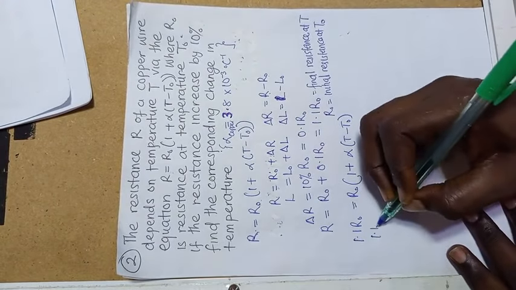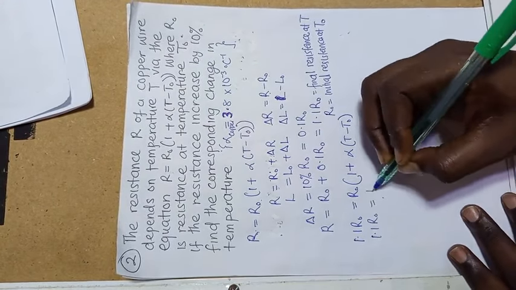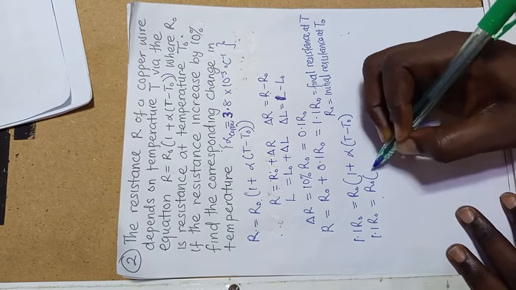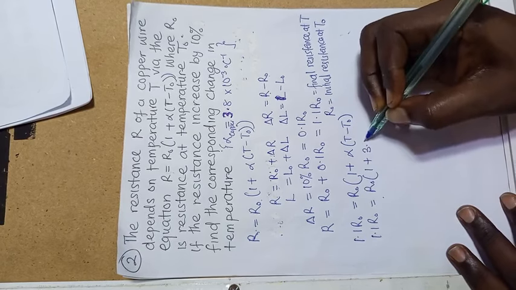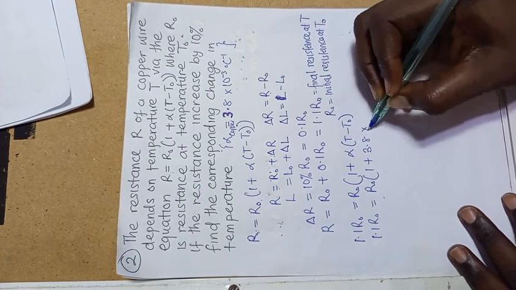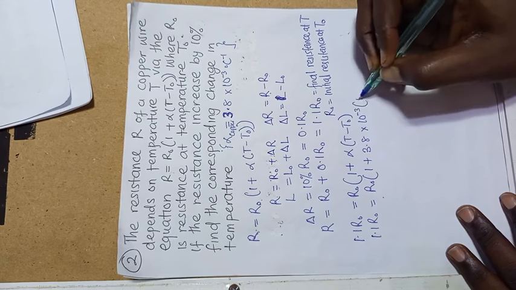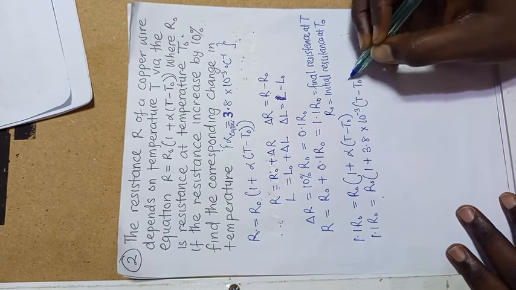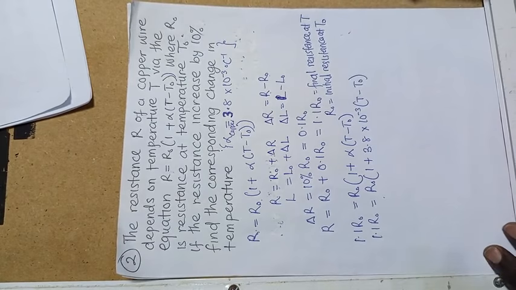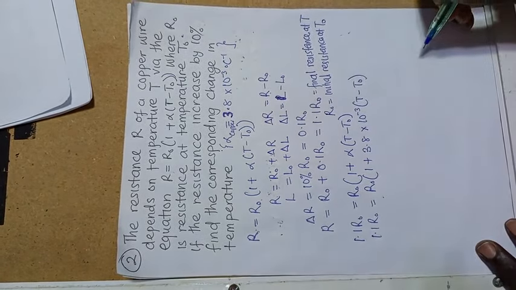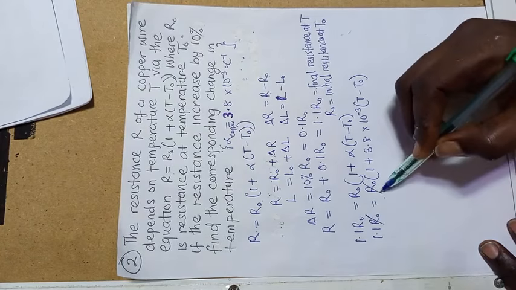So if that is given for copper, which is alpha for copper, we put it there. We would have 1.1 R naught equals R naught into 1 plus 3.8 times 10 raised to the power of minus 3 into T minus T naught. Let's make T naught the subject of formula. First of all, this R naught can cancel that R naught.